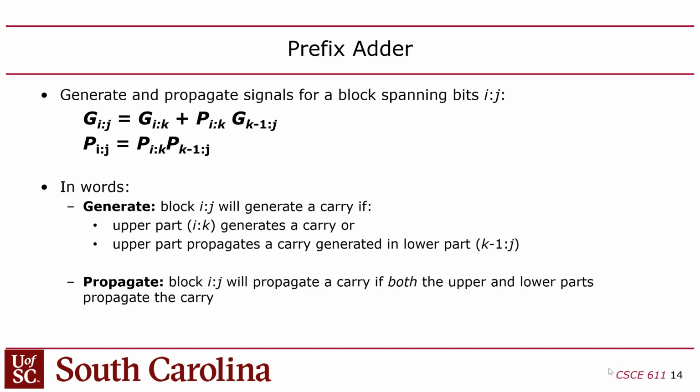And from that tree, we eventually want to get to the point where we can generate a generate for the whole adder, or for each individual bit. Ultimately, we want all the generates. We want generate 31 down to negative 1, generate 30 down to negative 1, generate 29 down to negative 1, because each of those 32 generates will then be used for the carry-in of all the full adders.